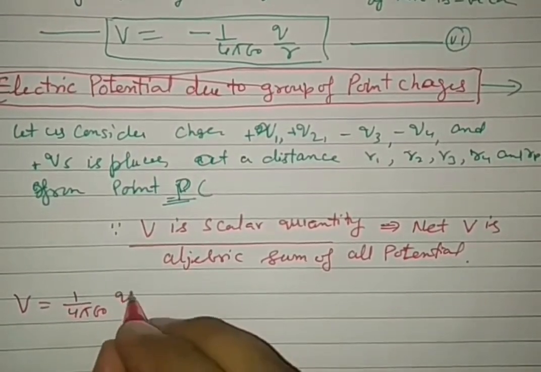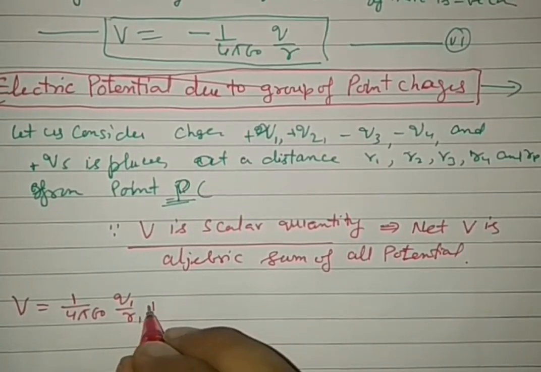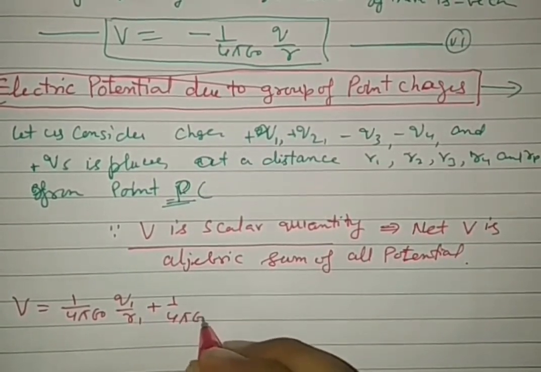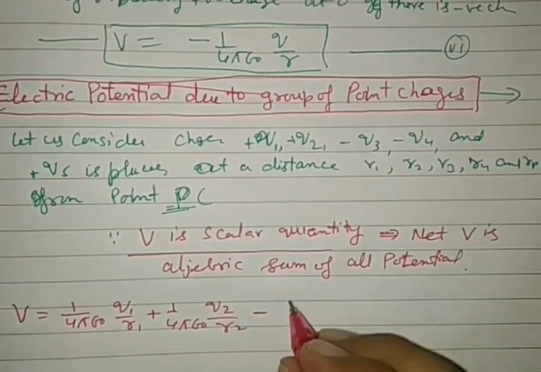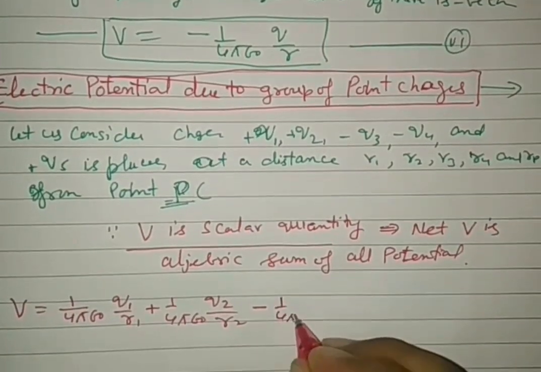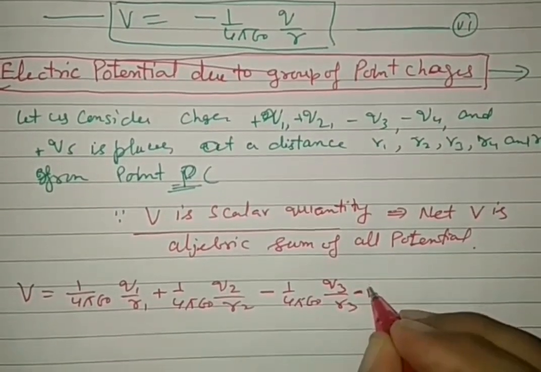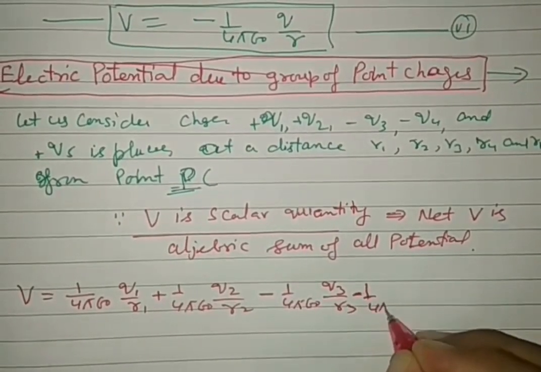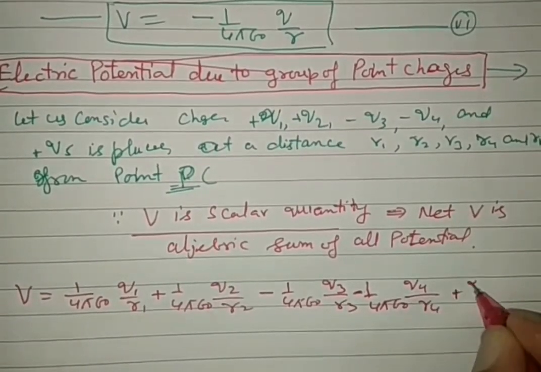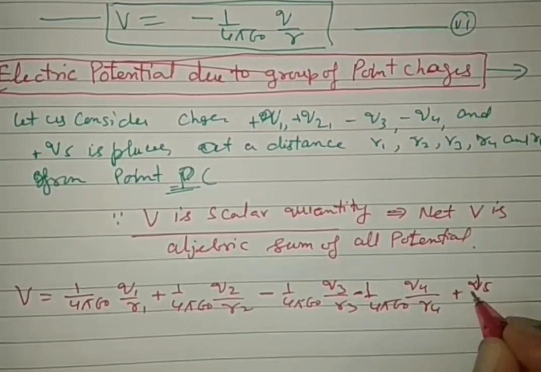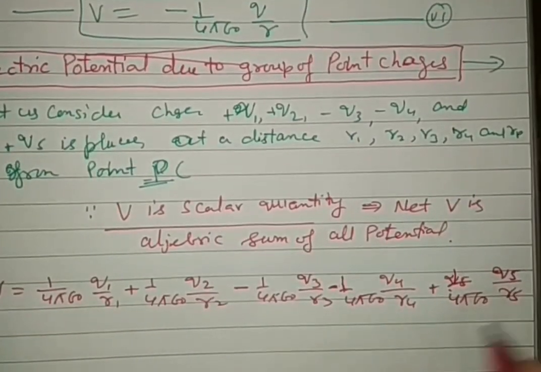So the net potential is equal to 1 upon 4 pi epsilon 0 Q1 by R1, plus 1 upon 4 pi epsilon 0 Q2 by R2. The third one is negative, so it becomes minus 1 upon 4 pi epsilon 0 Q3 by R3. The fourth is also negative, so minus 1 upon 4 pi epsilon 0 Q4 by R4, and the last one is positive, so 1 upon 4 pi epsilon 0 Q5 by R5.